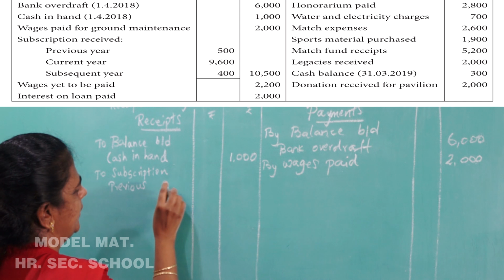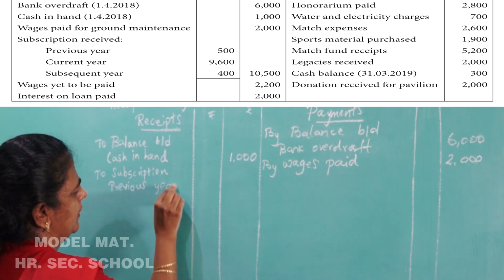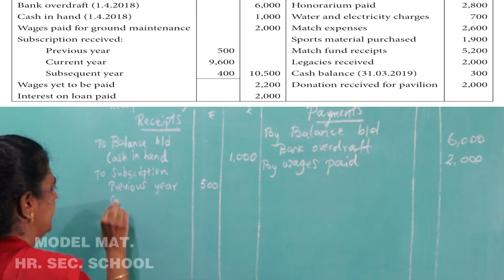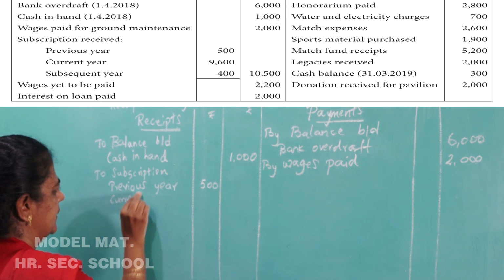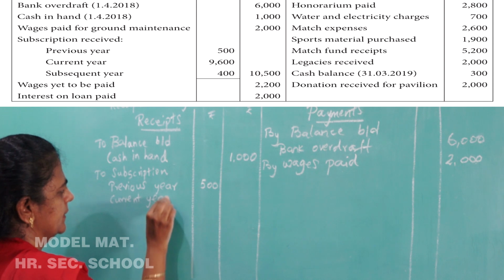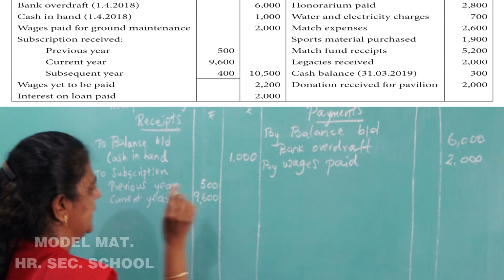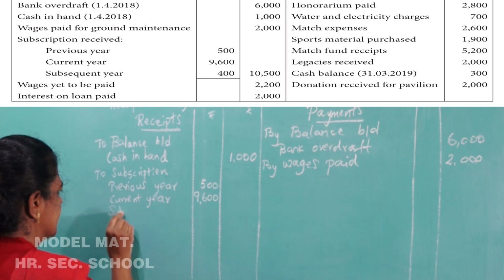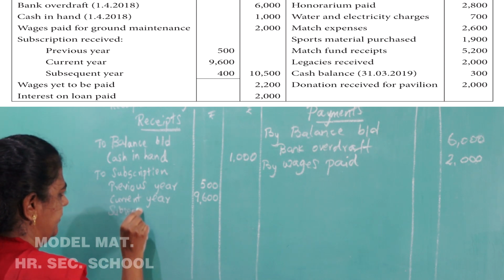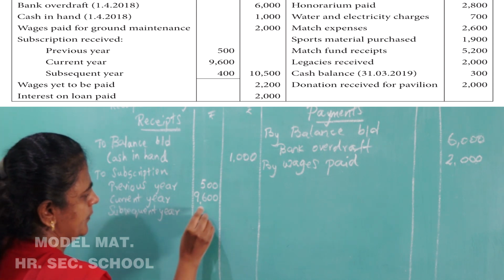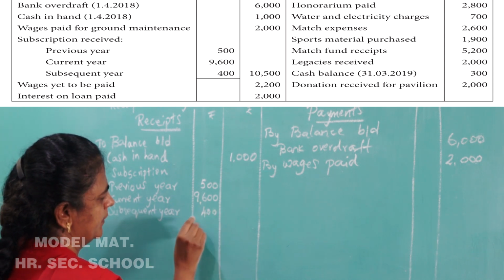Previous year is 500. Current year is 9,600. Subsequent year, that is the next year, is 400.